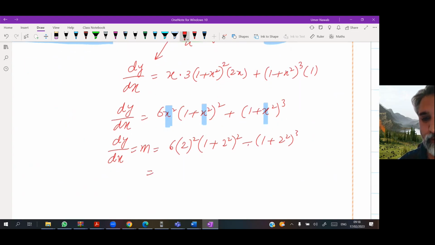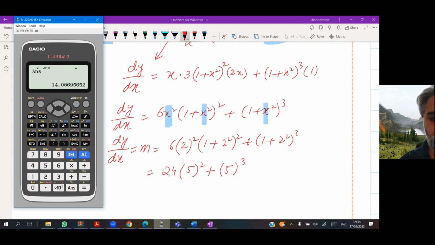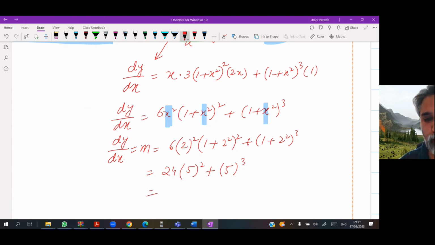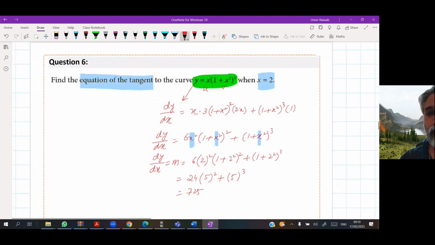Simplify this one: 24 times 5 squared, which is 4 plus 1, plus 5 raised to 3. Let me simplify it: 24 times 25 plus 125. So it gives you how much, guys? 725. So the gradient is 725.